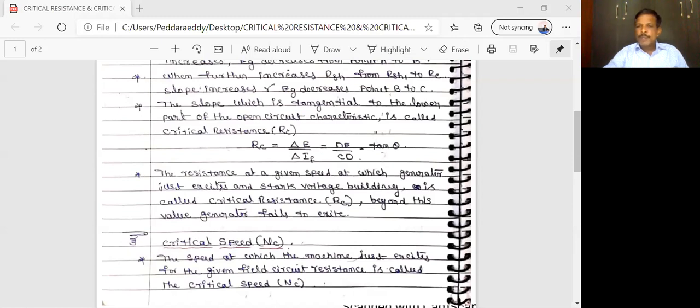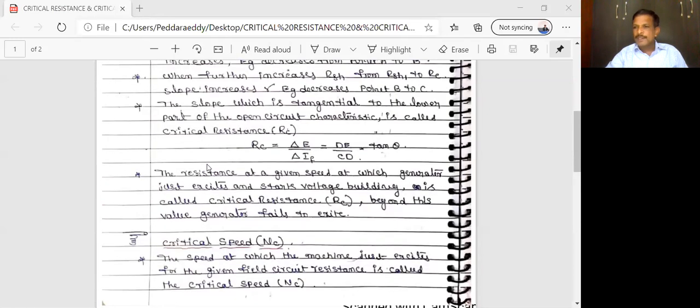So the resistance at which the generator just starts to excite is called critical resistance. Simple, one line answer. That particular resistance is called critical resistance, R suffix C. Critical resistance RC.